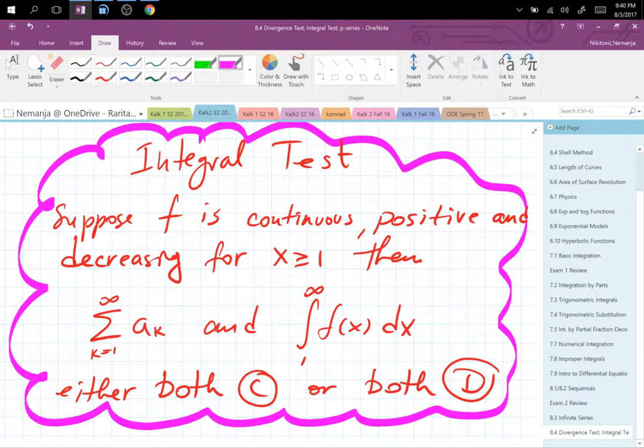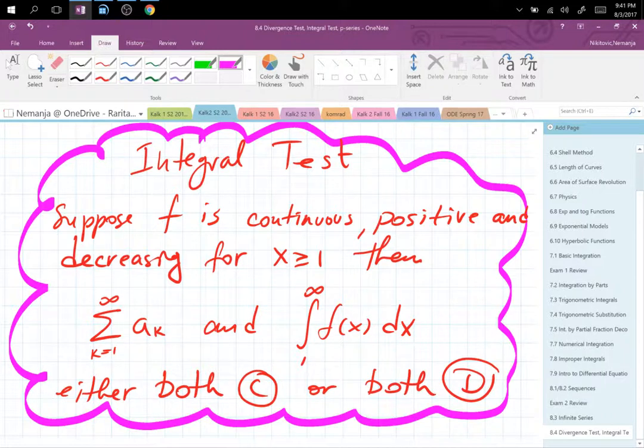So only the geometric and telescoping tell us the answer. Converges to 2, converges to 7. All the other tests, if you figure out convergence, you don't know what it converges to. So when the integral converges to 7, your summation also converges, but to some other number, not to 7. So we'll be a little bit careful with that.